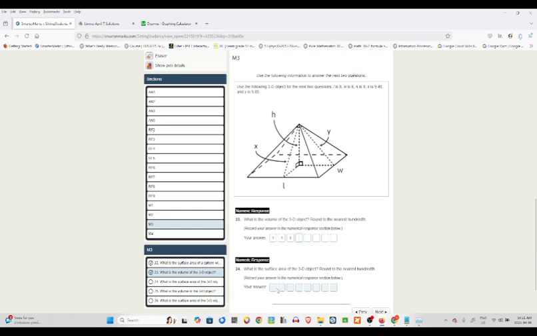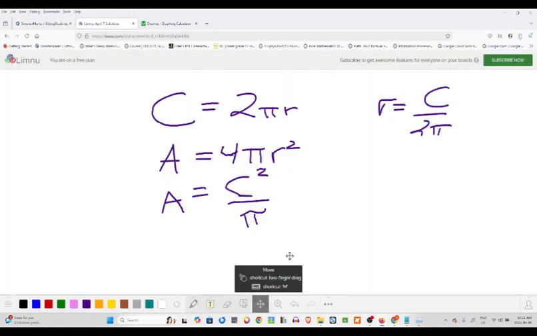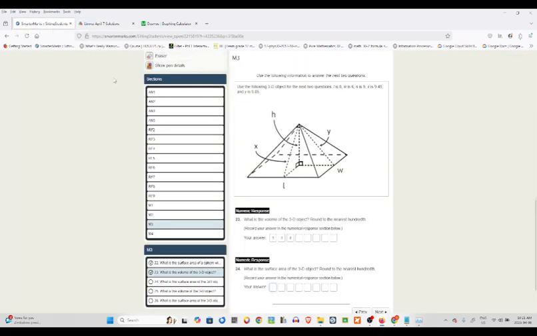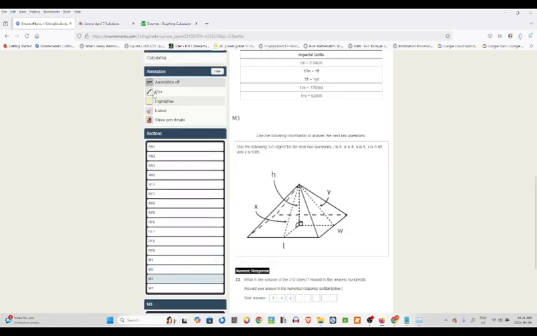The surface area of the 3D object. Well, here we have 4 triangles that we need to deal with. 4 triangles on the rectangular base. Rectangular base is length times width. Now, let's say we do the back. So just to highlight here, the back is this triangle there.